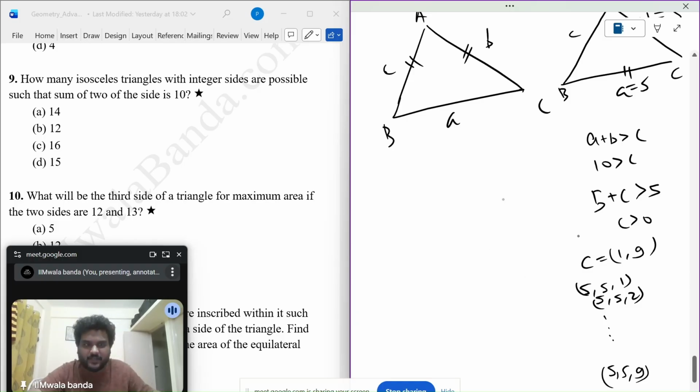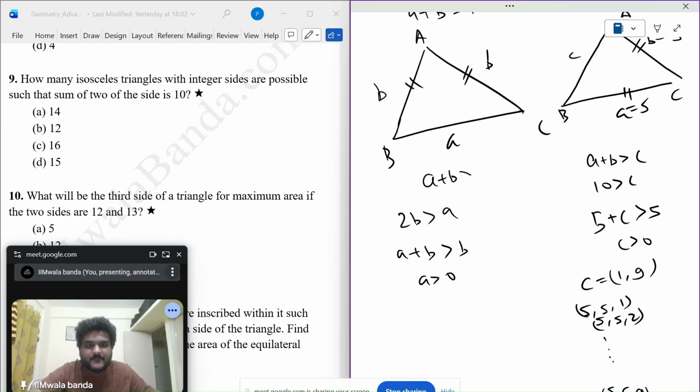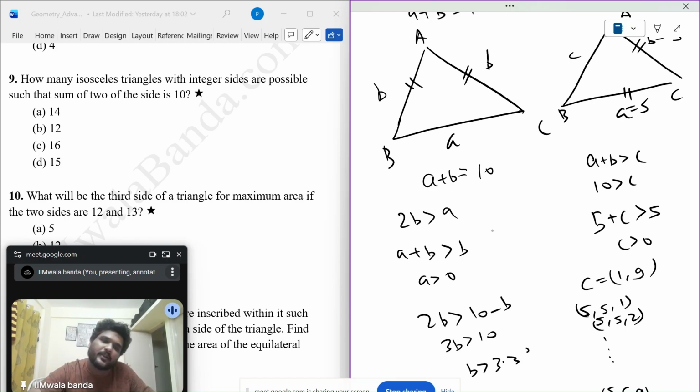9 possibilities. In this case, since B and C are equal, can I write this also as B? So 2B should be greater than A, and A plus B should be greater than B. So A should be greater than 0, and 2B should be greater than A. Also, A plus B is 10, so A is equal to 10 minus B. So 3B is greater than 10, or B is greater than 3.33.